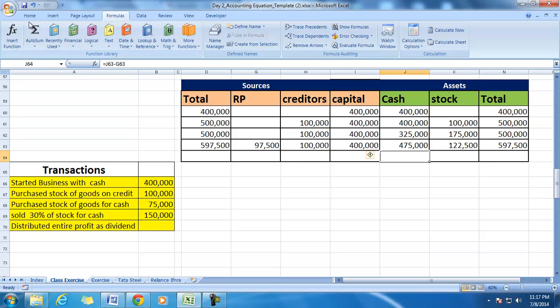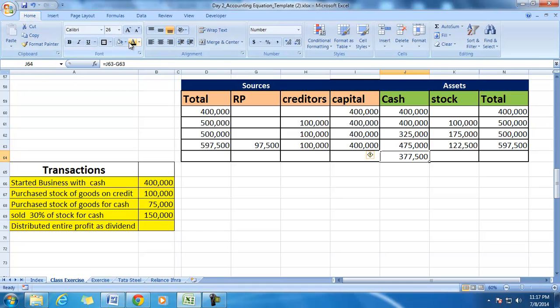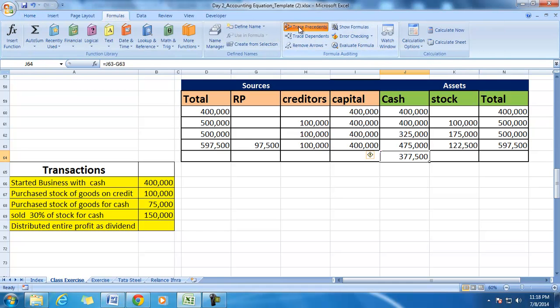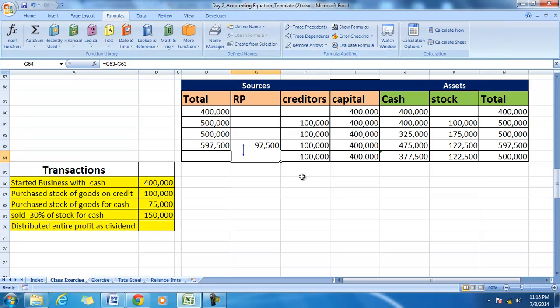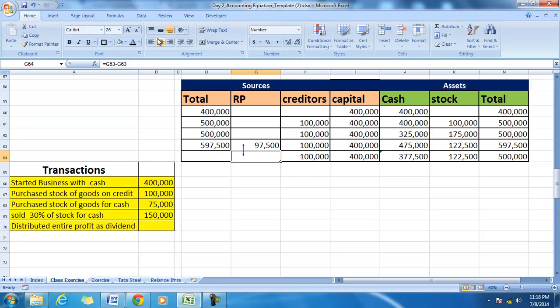Now let us see: because of the dividend, cash reduces to the extent of the amount of the profit. No change in the stock, so the total assets is 500,000. No change in the capital, no change in the creditor, and now the retained profit becomes zero because the entire profit has been distributed, and so the total of the sources is 500,000.